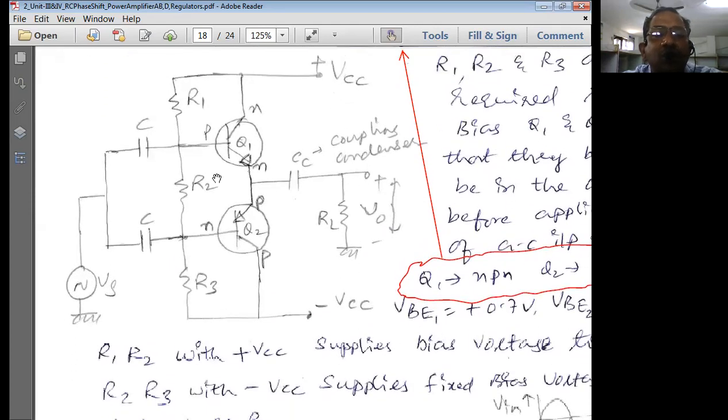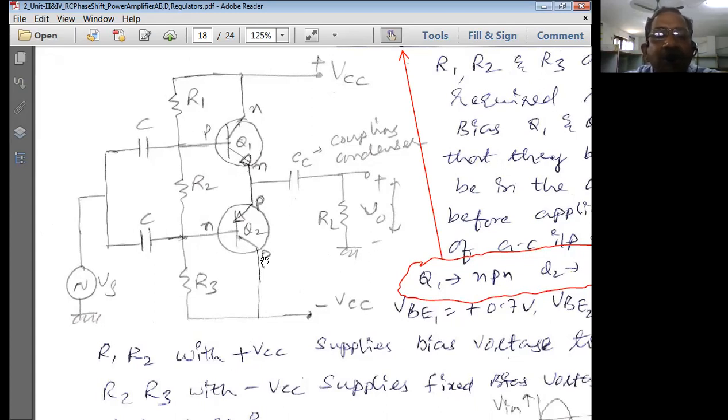The transistor Q1 is biased from the power supply plus VCC, R1 and R2. The Thevenin's equivalent voltage is applied to the base of the transistor Q1. Because of that, we will have the bias voltage. And this bias voltage should compulsorily be greater than, say, 0.7 volts, which is nothing but the cut-in voltage of the Q1 transistor.